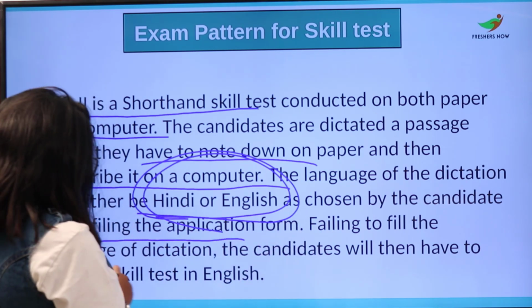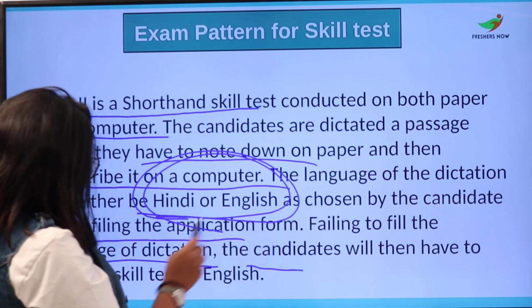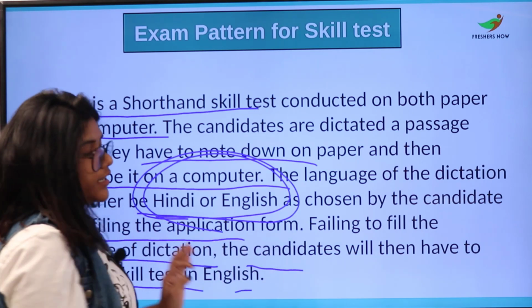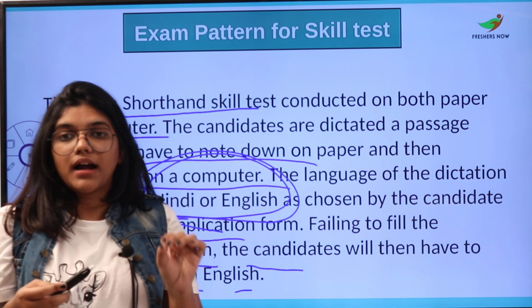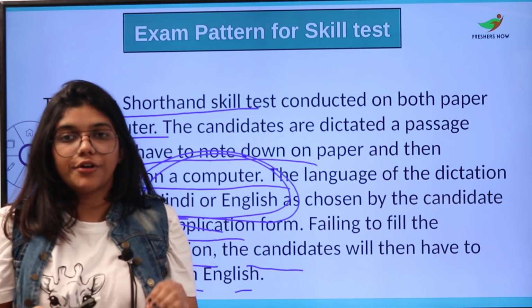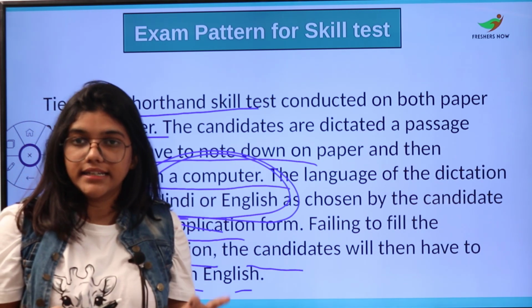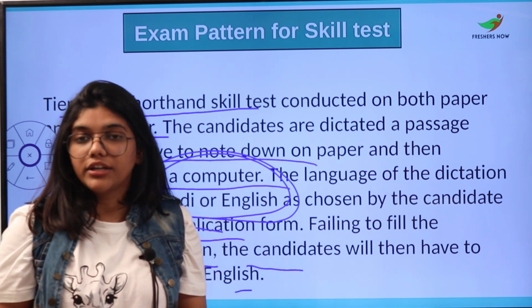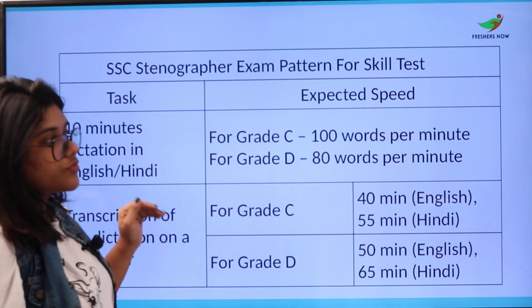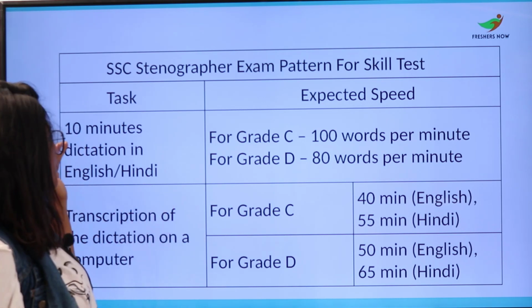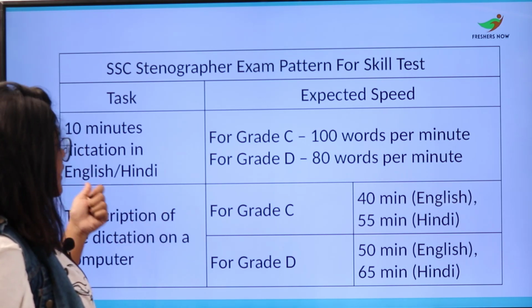If you fail to fill in the language of dictation, the candidates will have to take the skill test in English. So if you have not tick marked any choice of language, the skill test will be conducted in English. The SSC stenographer exam pattern for the skill test is as follows. For the first task, 10 minutes of dictation in English or Hindi.